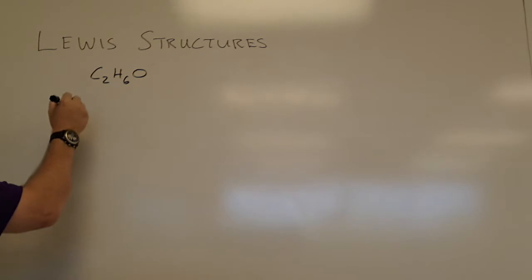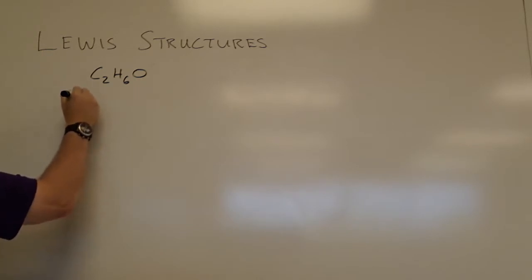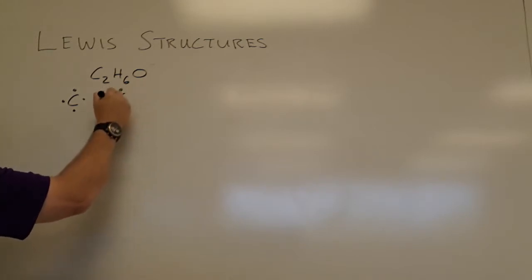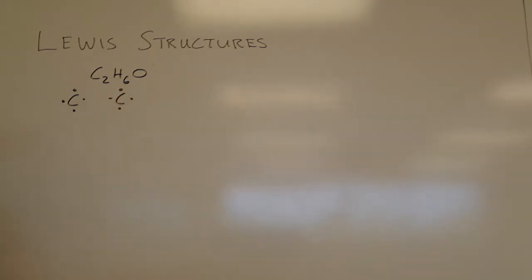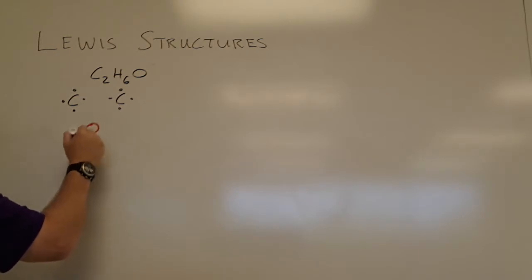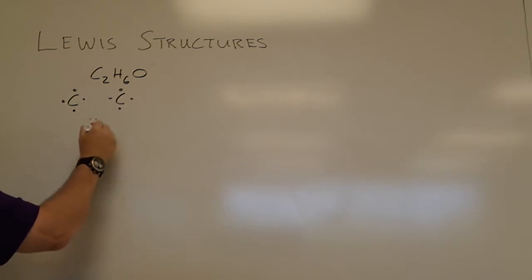So carbon has 4 electrons. Now I've got 2 carbons, so I'll draw the carbons out here. Oxygen itself, I've only got 1. Oxygen is generally represented in any molecular diagrams by the red color.